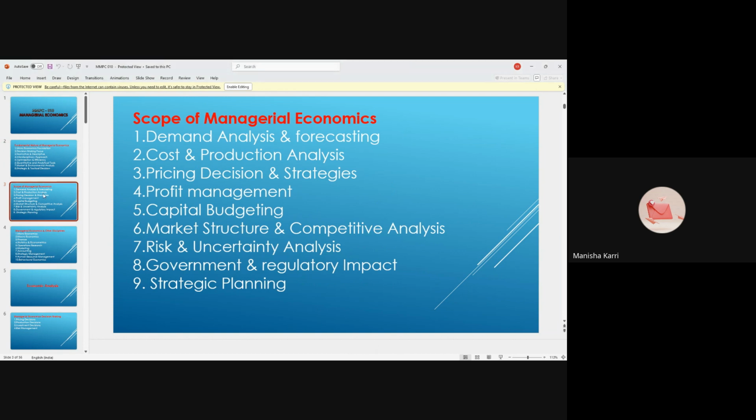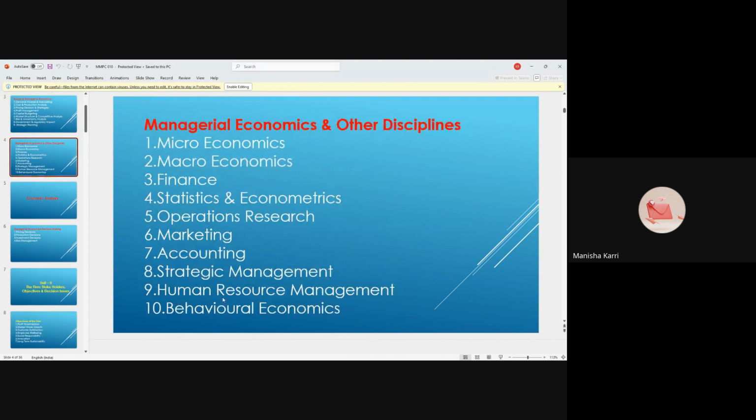Then we'll go to another topic, managerial economics and other disciplines. Here we all know that managerial economics intersects with several other disciplines, enhancing its analytical framework and practical applications.